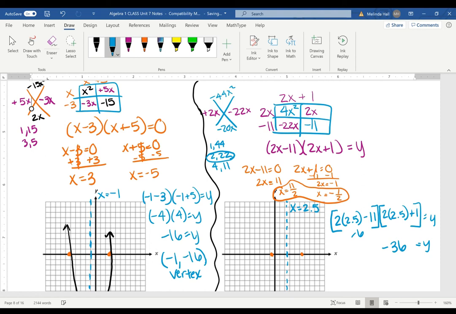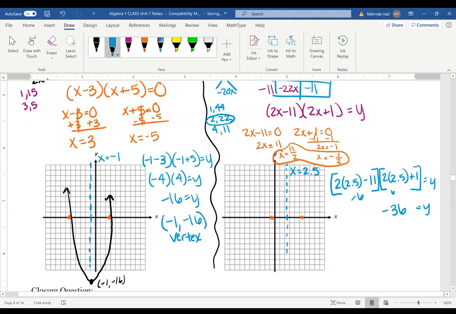Sorry, I tried to type it all in at once on my calculator, but now I'm realizing that made it worse for me. But yes, because it's negative 6 and positive 6, so then it'd be at negative 36. And so then just estimating, this would be positive 2.5. Negative 36, though. And then your parabola would come down and around like so. Okay?